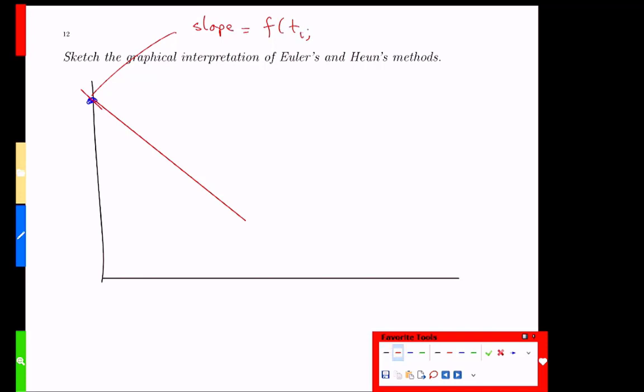I'll call it t_i, y_i here, because it's the general case. We're going to go for delta t, and we're going to get a new point. This point here would be Euler's method prediction. Euler's prediction. But we know that that's not great, right? Euler's prediction has some error in it.